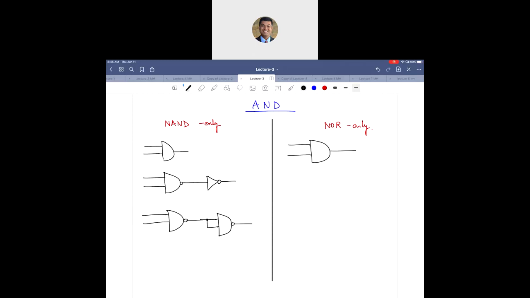Now what do I need to do in order to make this into NOR? Do I have to add a bubble at the output? No, I don't. If I add a bubble at the output, then essentially I am going towards NAND. So I have to add bubbles at the input side. But I cannot add bubbles one at a time. I have to add bubbles two at a time.